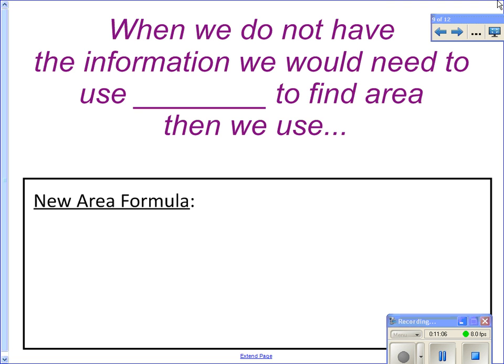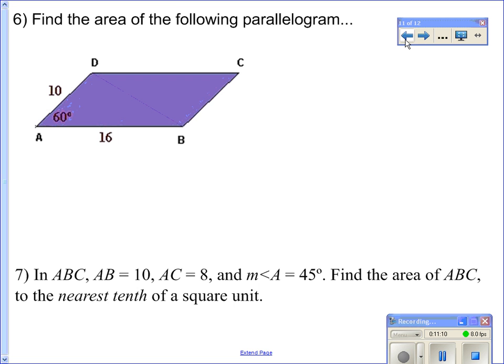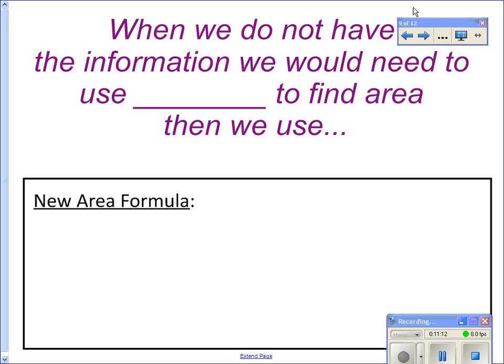All right. Last topic. Last quick review is finding the area. Do you remember this? We need to use a formula to find the area. When we do not have the base or the height, don't worry about the top.